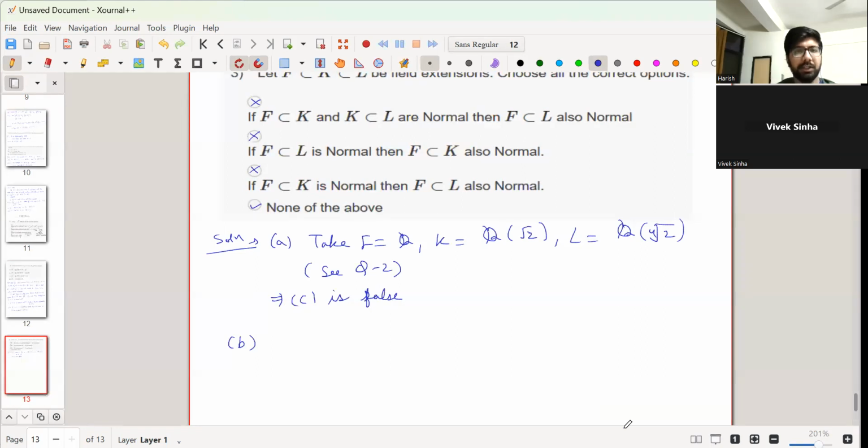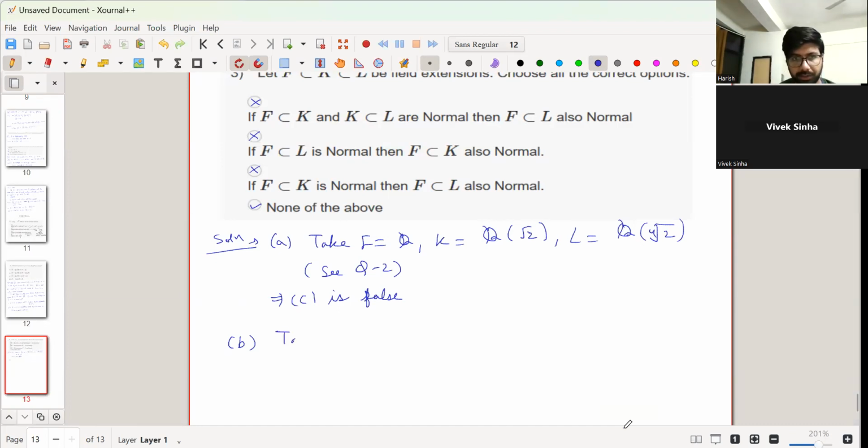So B says that if F contains L is normal, meaning if the larger extension is normal, then the smaller one is also normal. For that also you can take the help of the previous example.